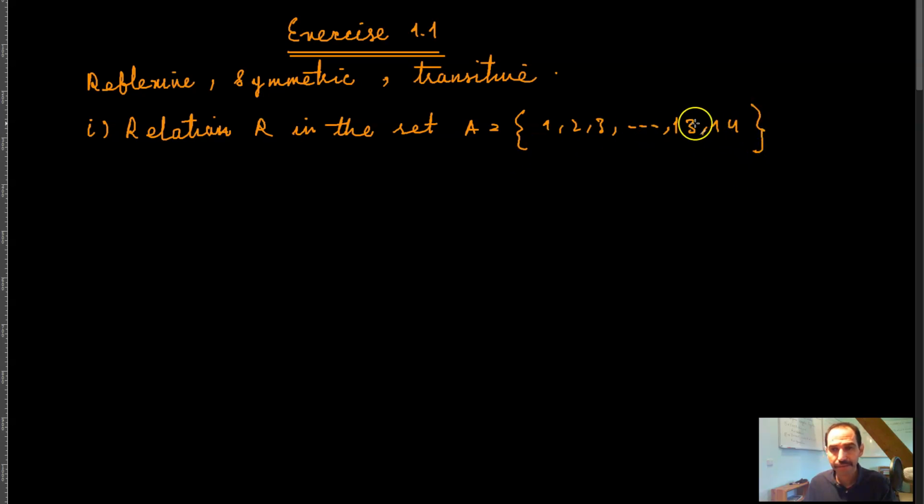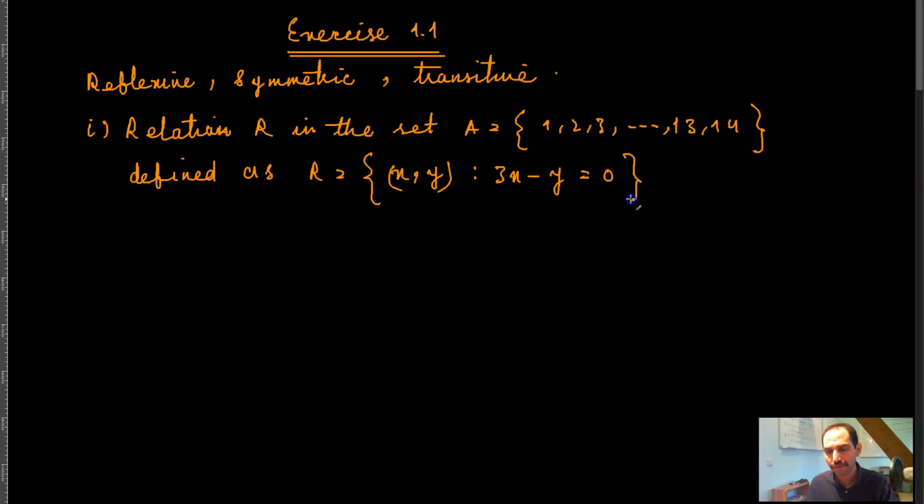Defined as R is equal to all the ordered pairs x comma y, such that 3x minus y is equal to 0.